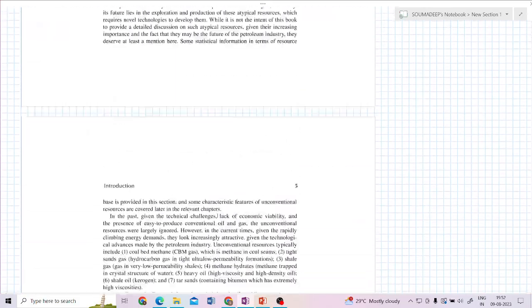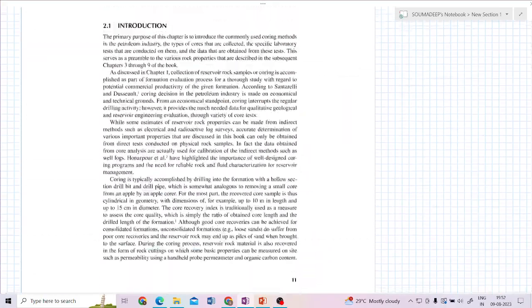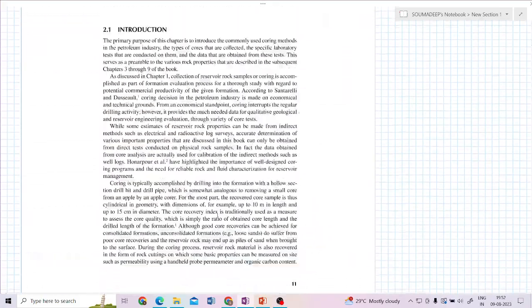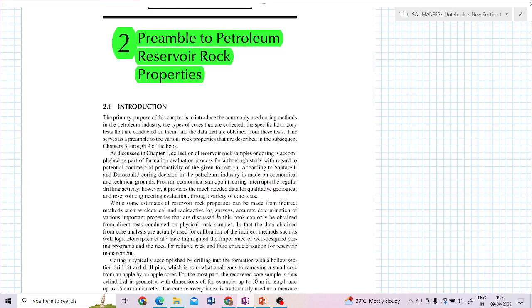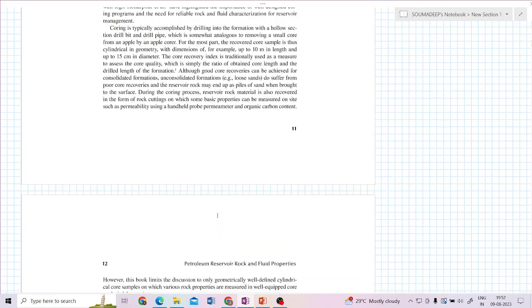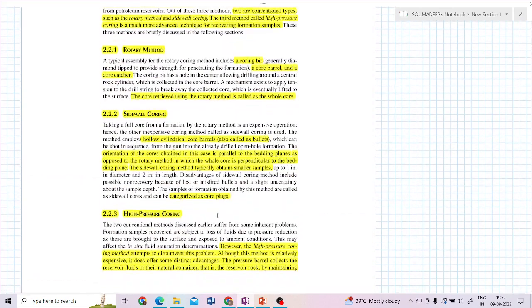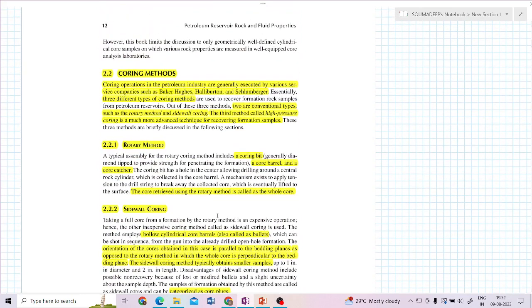Coming to it, as you can see, I've highlighted some of the points. Basically, first we come to the coring methods. What is coring basically?